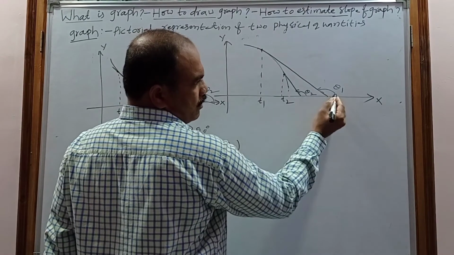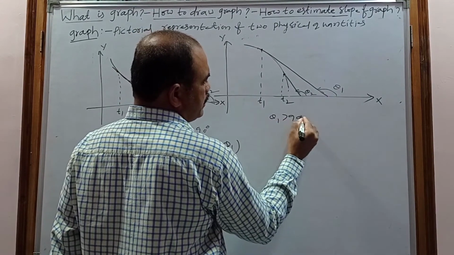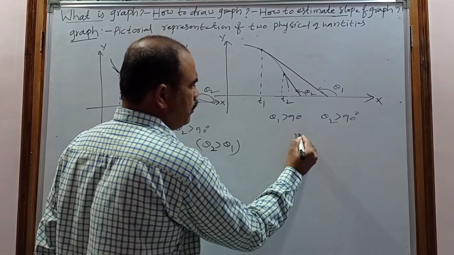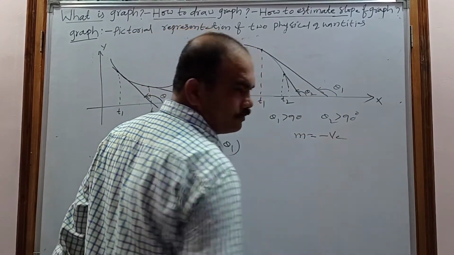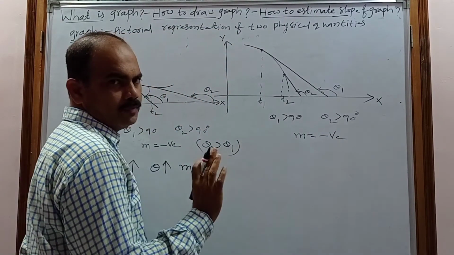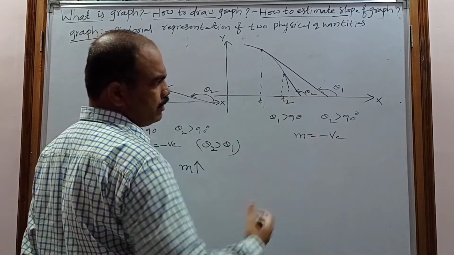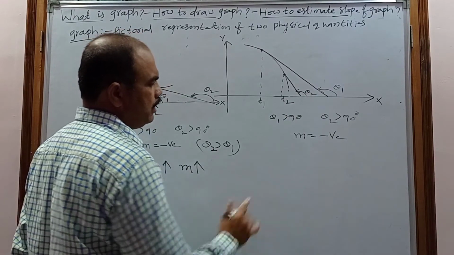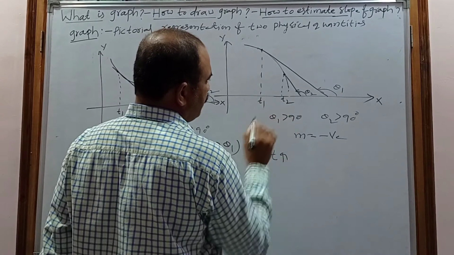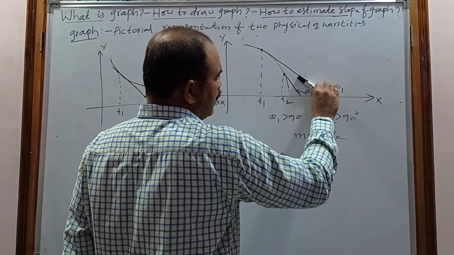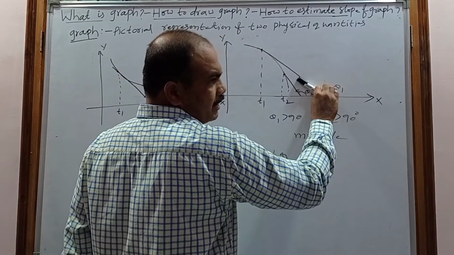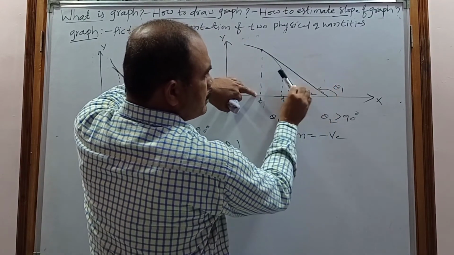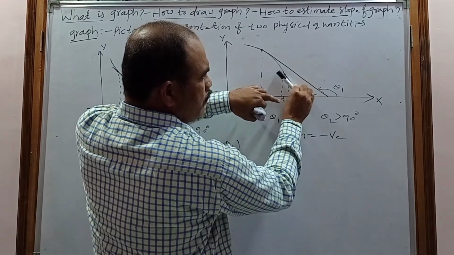Now theta 1 is greater than 90 degrees and theta 2 is also greater than 90 degrees. So the slope of the graph is negative. Okay, you estimated whether the slope is positive or negative. But with respect to time, you have to check whether the slope is increasing, decreasing or constant. When the time is increasing, observe what is happening. This is the angle made by the tangent at time t1 and this is the angle made by the tangent at time t2.